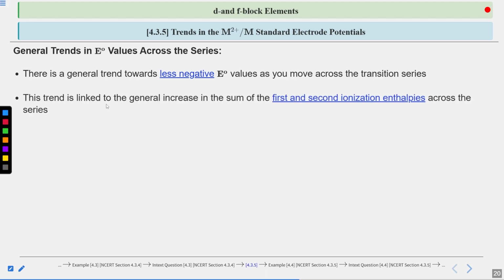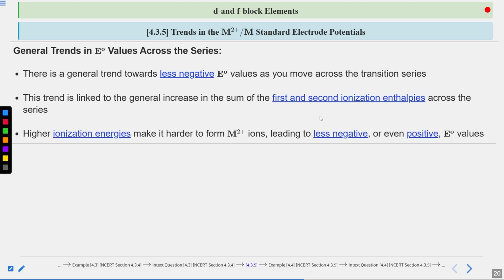This trend is linked to a general increase in the sum of the first and second ionization enthalpies across the series. Why do E naught values become less and less negative across the transition elements? Because the sum of the first and second ionization enthalpies generally increases across the series, due to which the E naught value decreases.